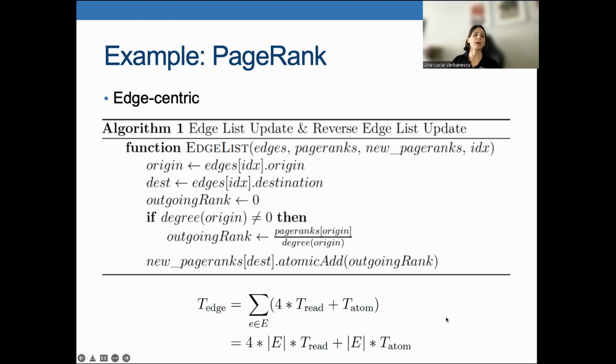So when we sum this all up, this generalizes nicely to 4 times the number of edges in the graph in read operations plus 1 times the number of edges in the graph in atomic operations. Now, I proceeded to do a similar approximation for the other types of algorithms, and we ended up with these very neat performance models in what we thought would be very clear parameters of the machine, namely the cost of the read, the cost of an atomic, the cost of a write, and so on.